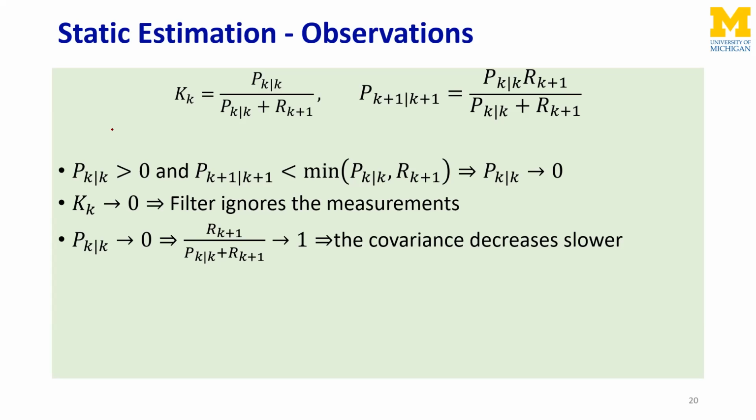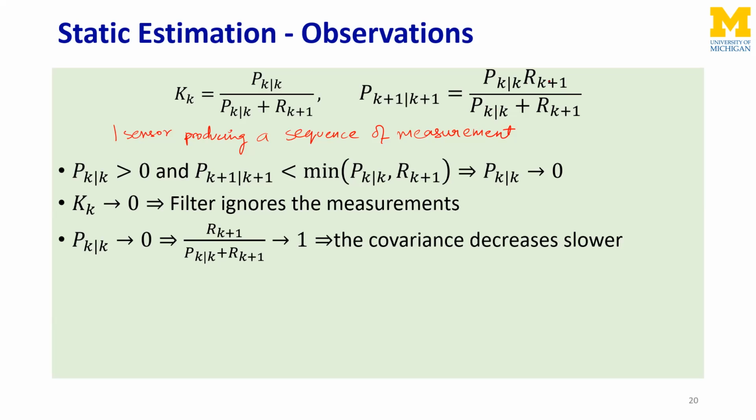For the case where we have one sensor producing a sequence of measurements, we can use the Kalman filter to produce a good estimate of the variable. The K matrix and the P matrices are given by these two equations. Now, a couple of things to note here.